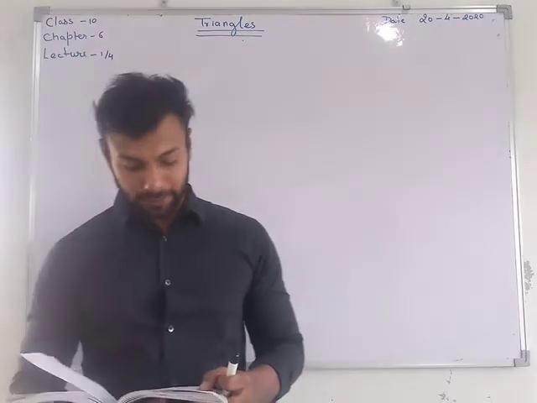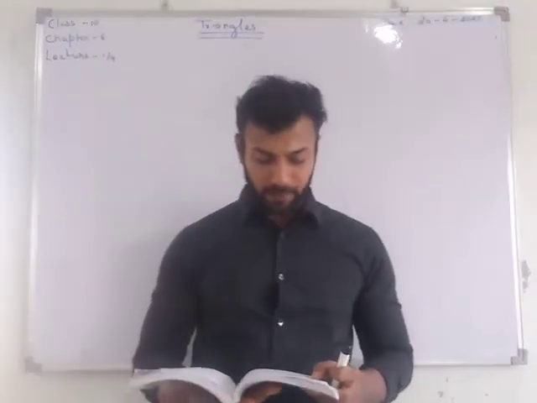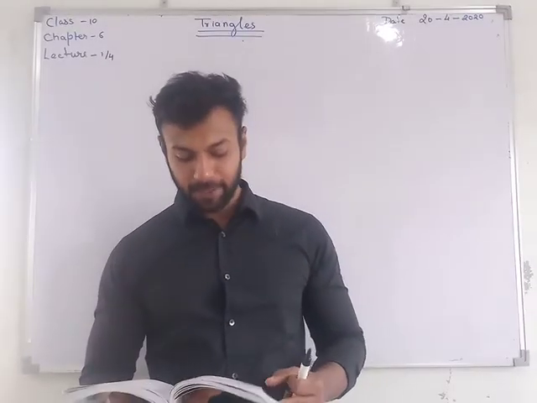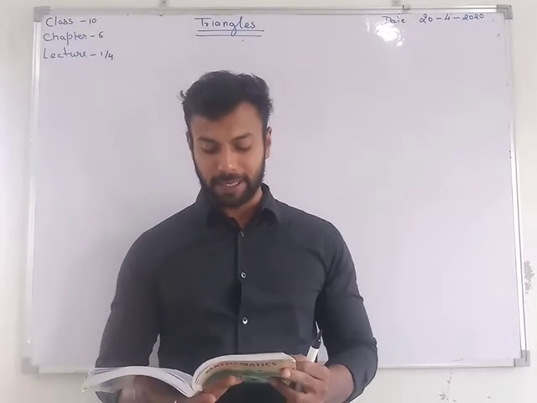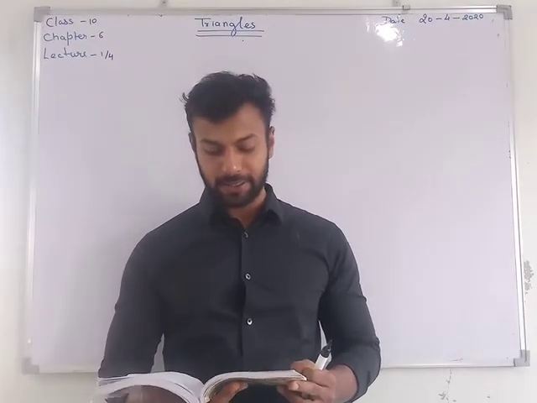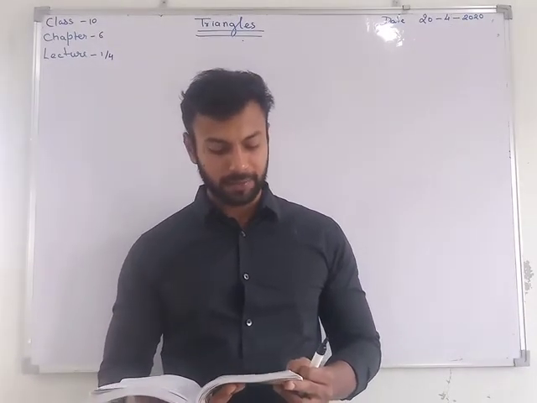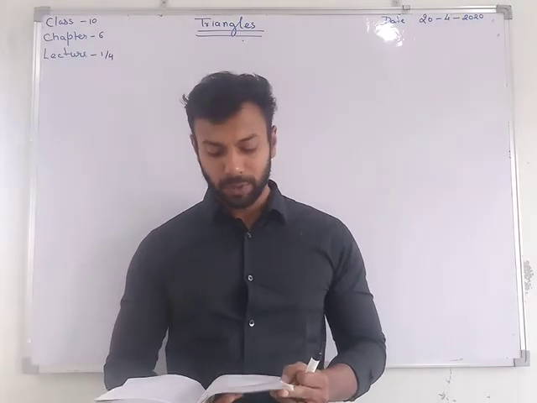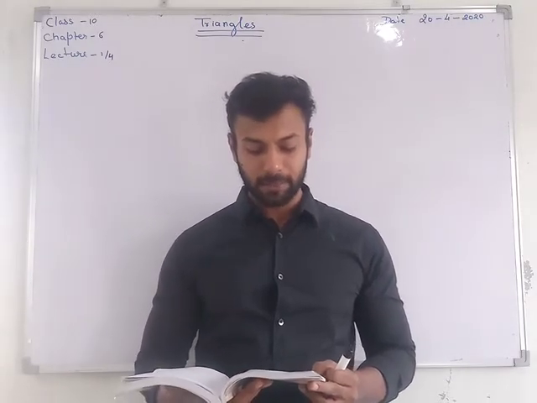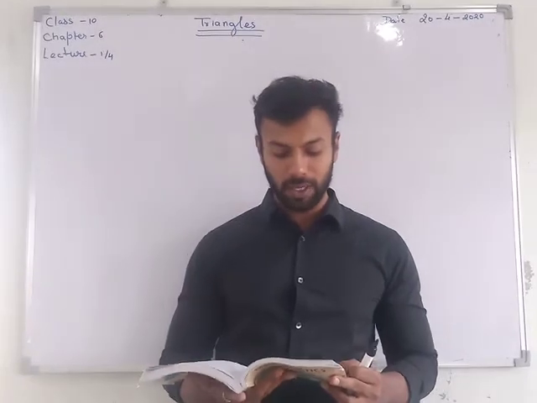I will repeat the sentence. If a line intersects sides AB and AC of a triangle ABC at D and E respectively and is parallel to BC, prove that AD by AB is equal to AE by AC.